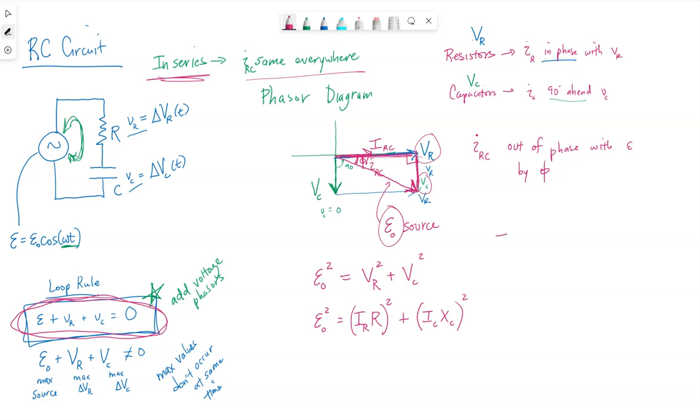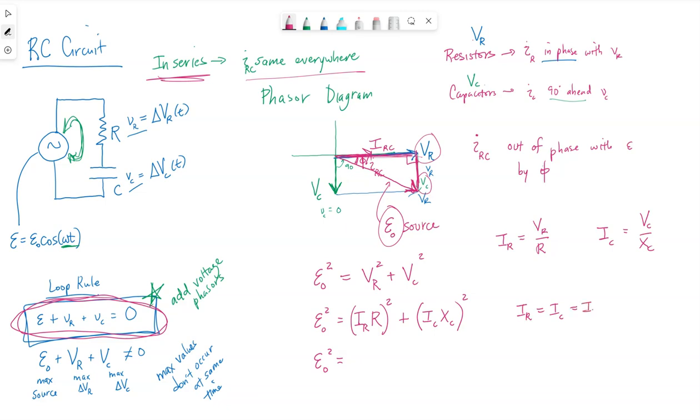Now, technically in the test notes, we have the capital IR is capital V sub R over resistance, and capital IC is VC over XC. I'm just solving both of those for V and plugging them in their appropriate space. Now, because we have these in series, the IR is the same thing as what we mean by IC.